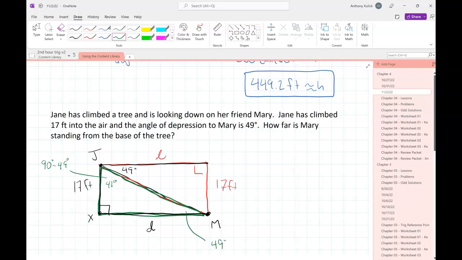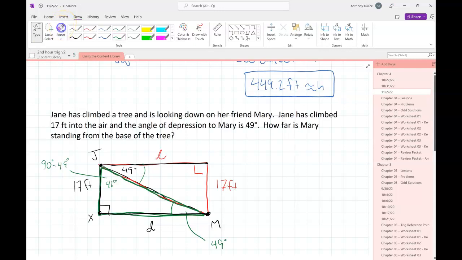Why does it have to be 49? We have a name for this situation. Back to geometry. Those guys are alternate interior angles. And we know that alternate interior angles are congruent. So it doesn't matter whether you think about this as the red triangle or the green triangle. You'll get the same answer either way. But I just wanted to point out to you that there's kind of a lot of ways to set this up.